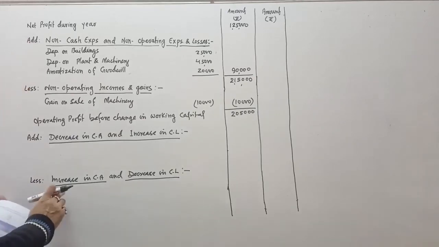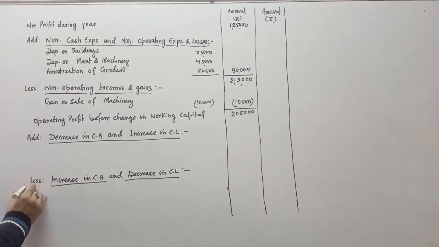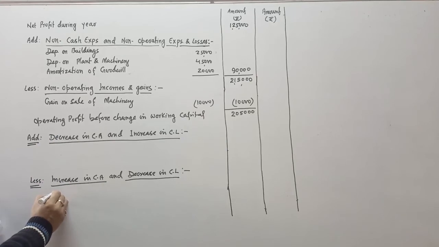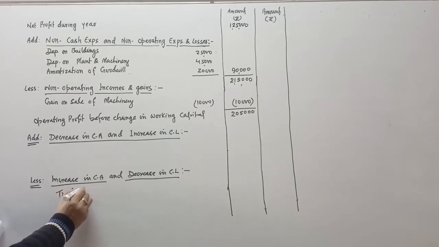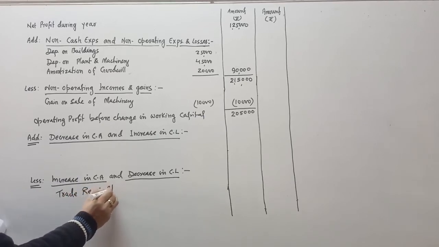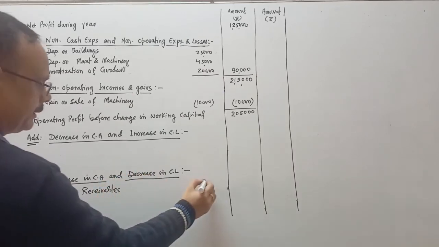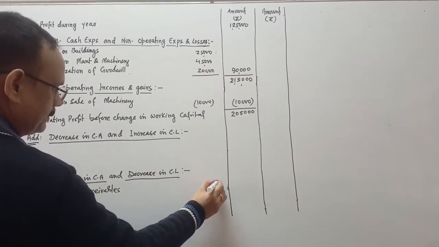An increase in current assets will be deducted, and if it is decreased then we will add. So here trade receivable is increasing by 10,000. This will be deducted.